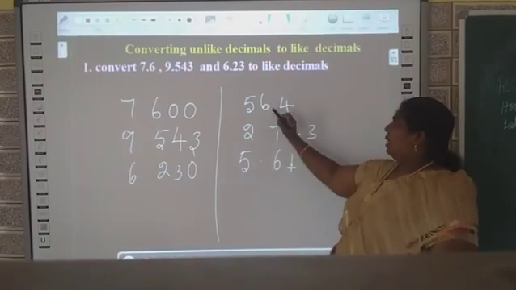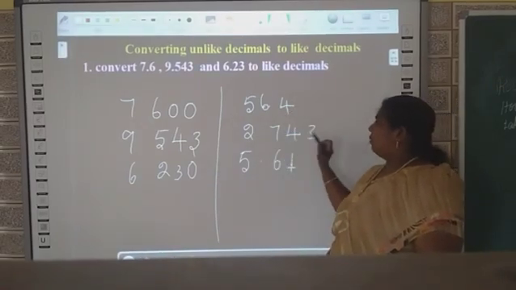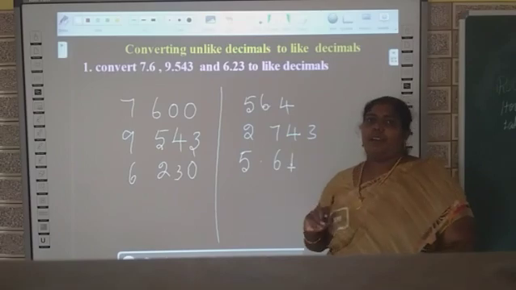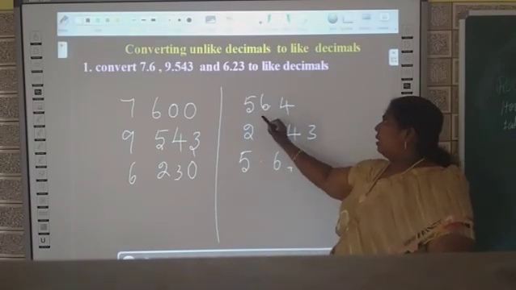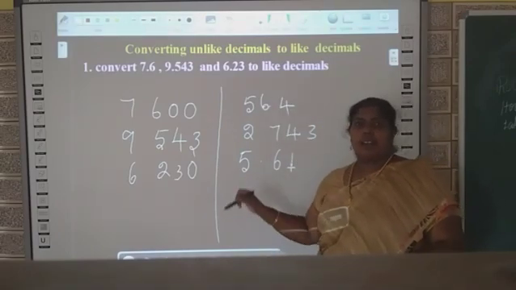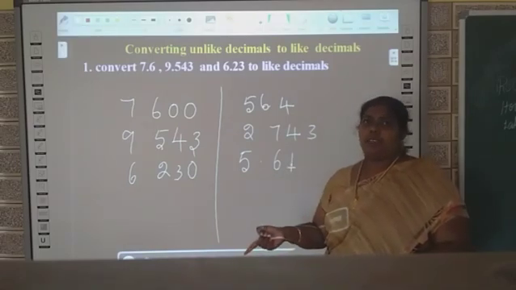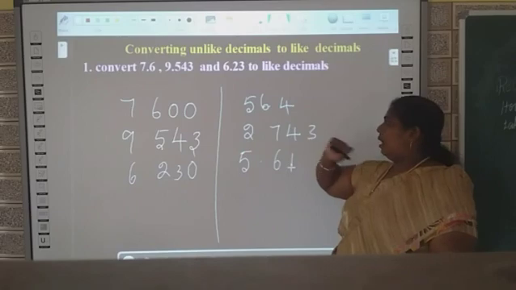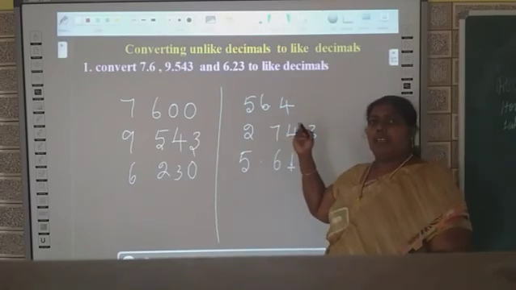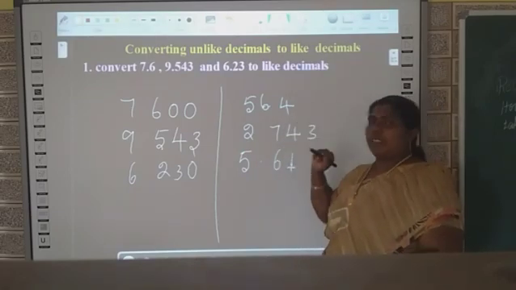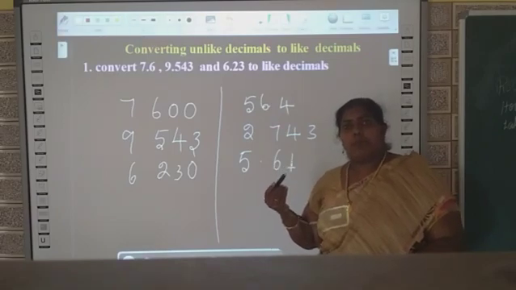56.4, 2.743, 5.61. So here we can see that these decimals are unlike decimals. Now we are going to convert them to like decimals. For the first number, how many decimal places do we need? 3. Already one is there. So how many zeros do we need to put?